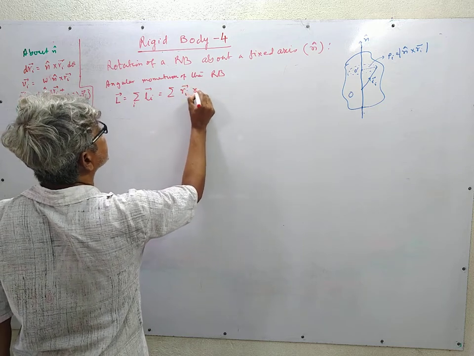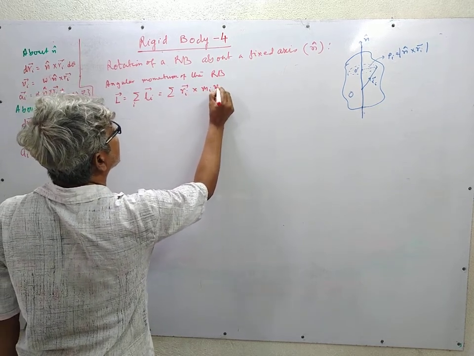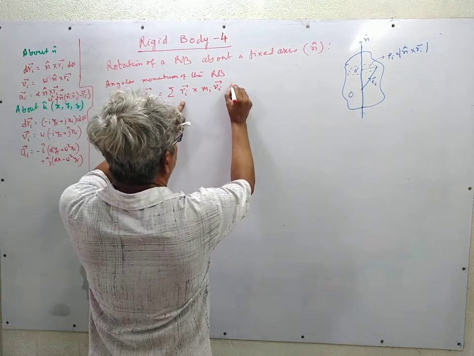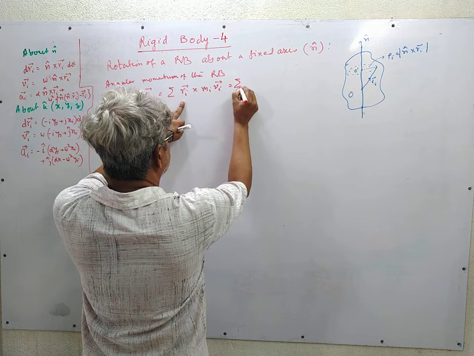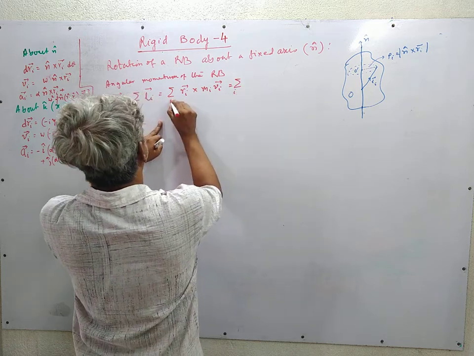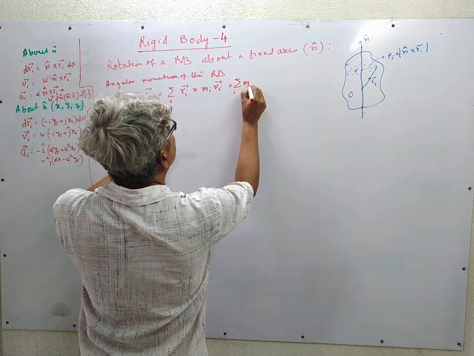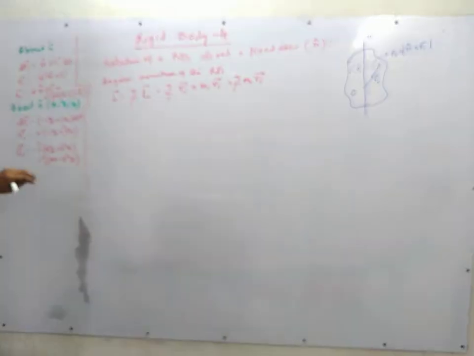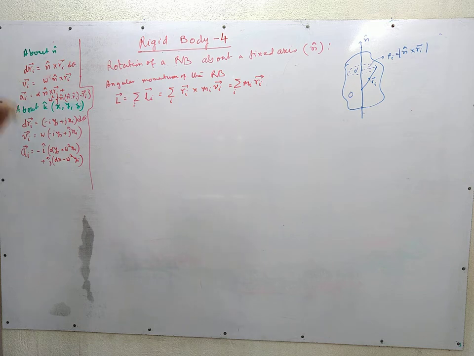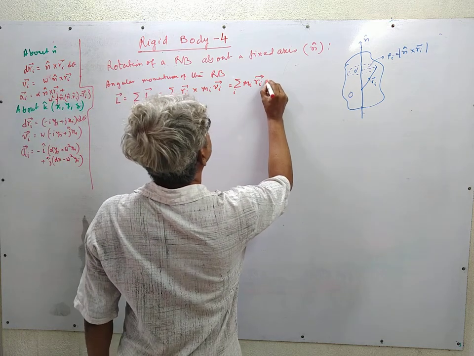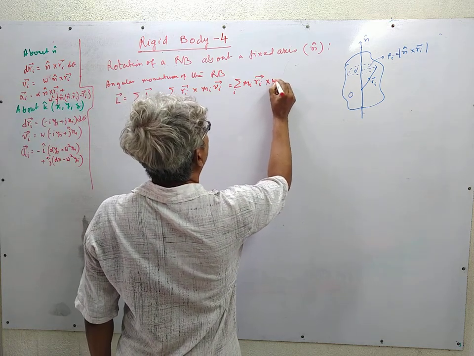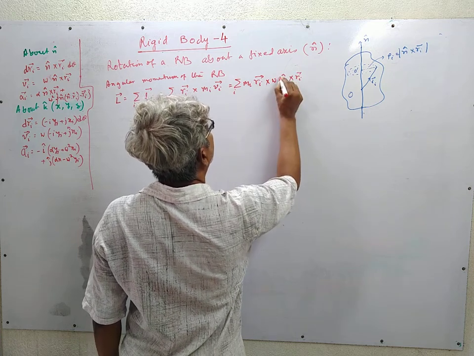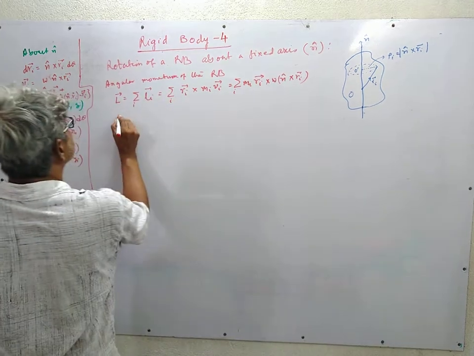The angular momentum L is the sum of the angular momenta Li, and for Li we write Ri cross Mi Vi. So this is summation over i of Mi Ri cross V, and for V we write this relation, omega n cap cross Ri.